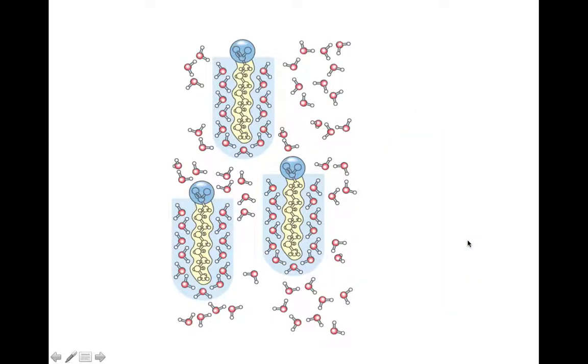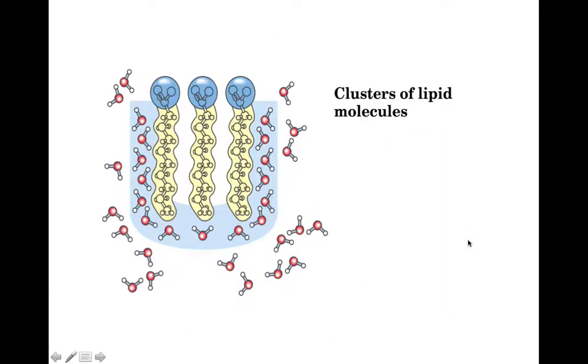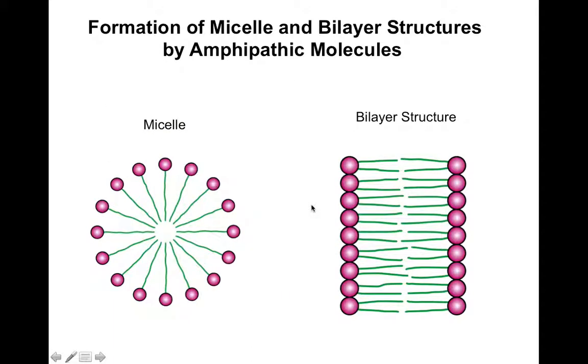So in order to exclude the water, the lipid molecules will come together to form clusters to try and exclude as much of the water as possible. So if these lipid molecules have a single tail, they form a micelle, whereas if they have double tails, they will form a bilayer structure.